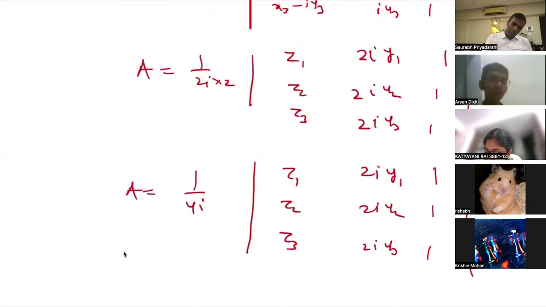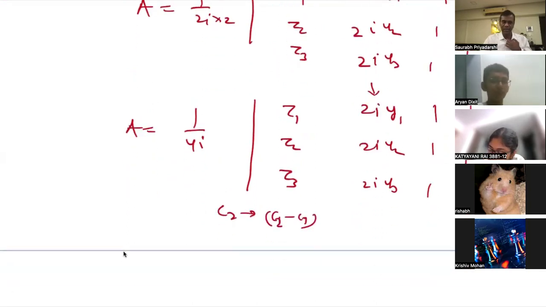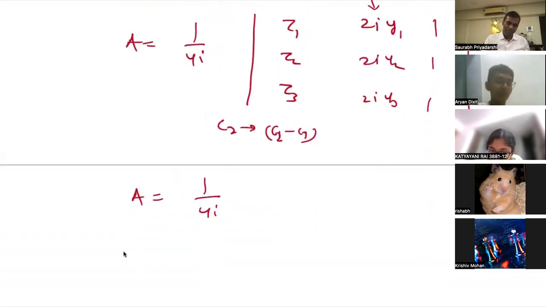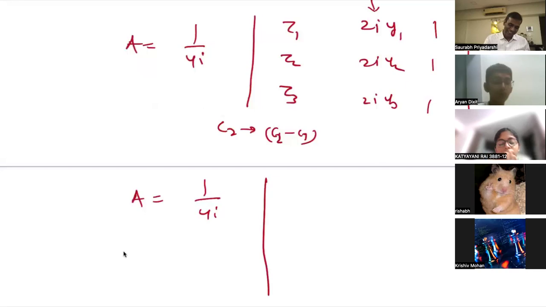And now I'm doing the operation C2 minus C1. I'm taking a minus. For area, the minus sign is of no use; later it will be of use, but for now, no use. So what am I getting?